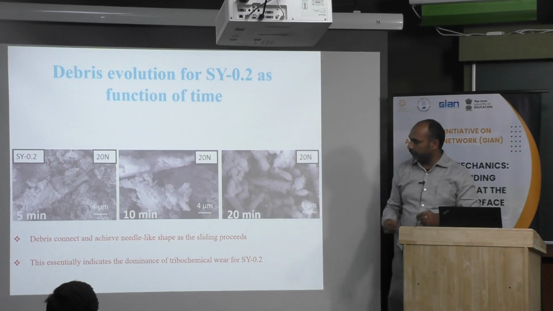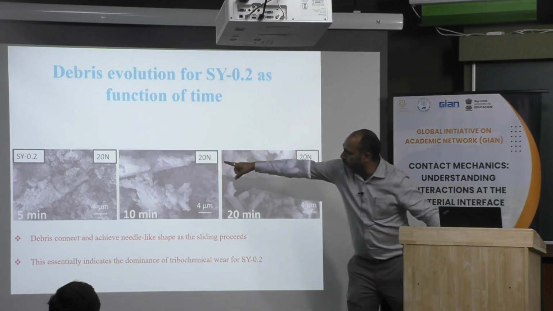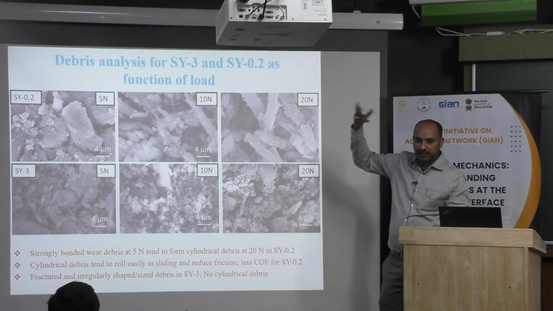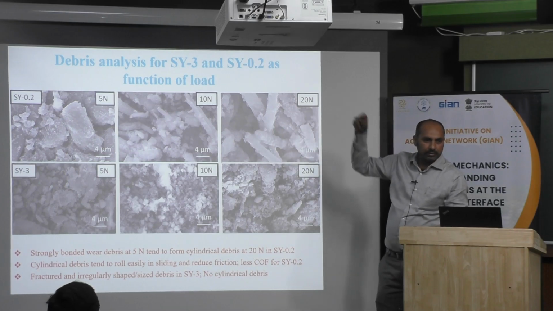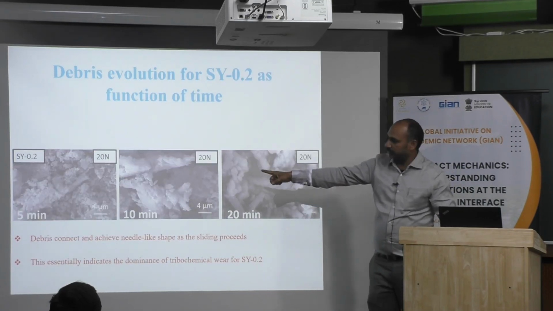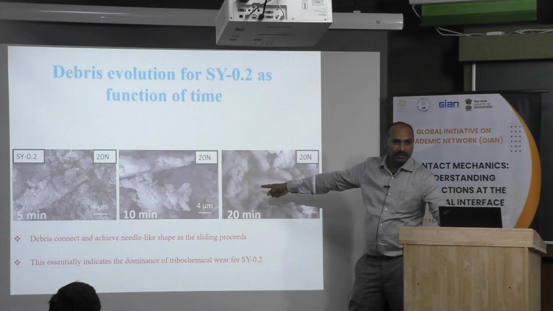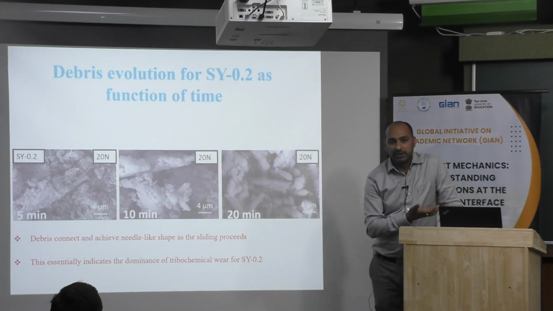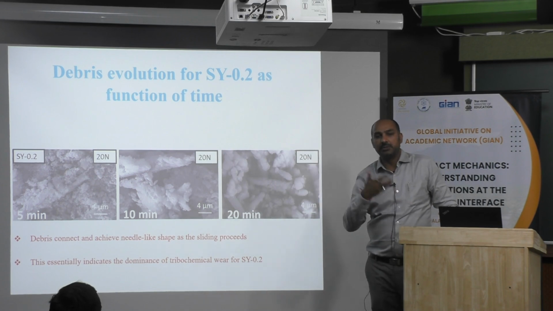For 0.2%, the debris are actually large if you go with 5 Newton. If you increase the load to 20 Newton, the debris are getting finer, and then with time they get connected and ultimately form a cylindrical debris, which actually governs your complete frictional behavior.